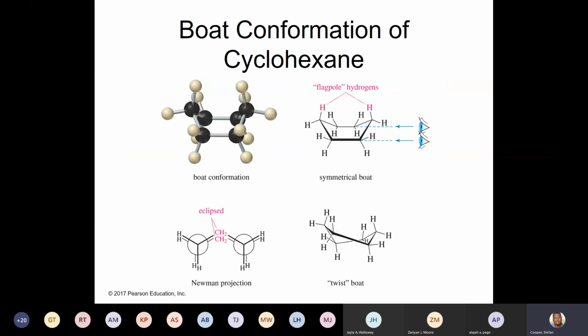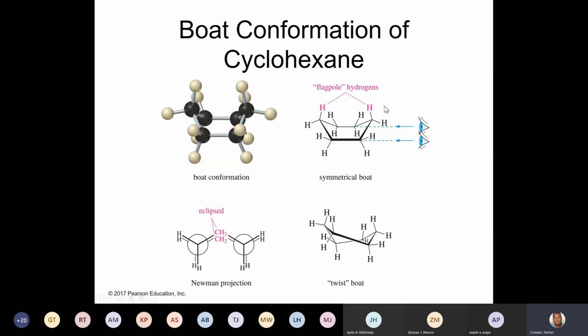The boat has some bad interactions going for it. If you look at these two hydrogens right here, I don't know if you can really see them, they're going to be eclipsing each other. There are these eclipsing carbons and atoms present. This H and that H, they're eclipsing directly in front of and behind each other, so there already are some bad sterics.